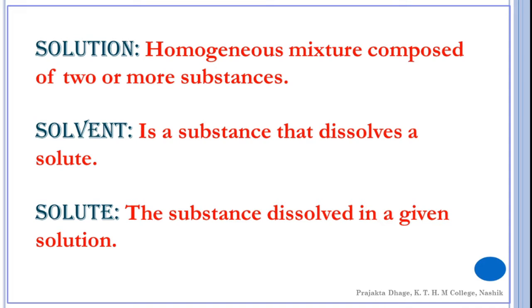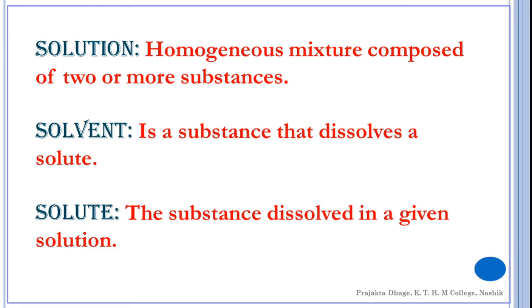Now if you are trying to make a sugar solution, as the name suggests, it is a solution. So what does the sugar solution comprise of? It comprises water plus sugar, which means it is a mixture of two substances, that is water and sugar. Similarly, if you are trying to make, say, lemon juice, it is also a solution.